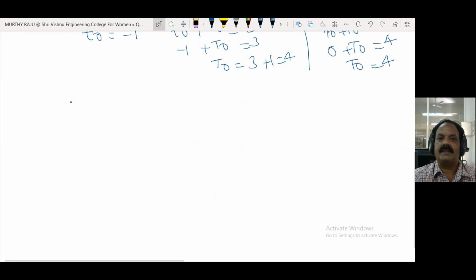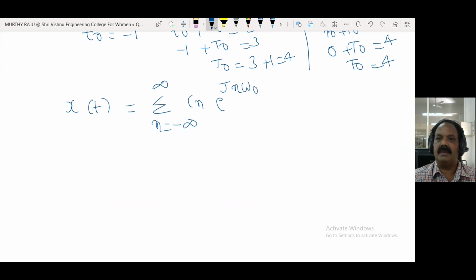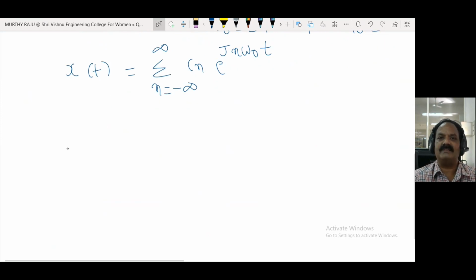The complex exponential Fourier series representation of x of t is x of t equal to the sum from n equals -infinity to +infinity of Cn e power j n omega naught t. Now we have to calculate the Cn value.